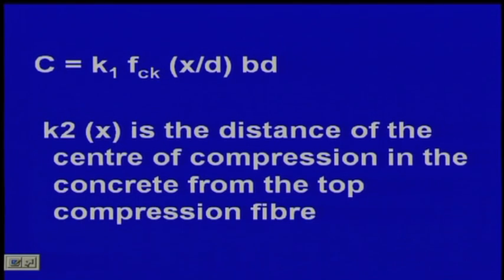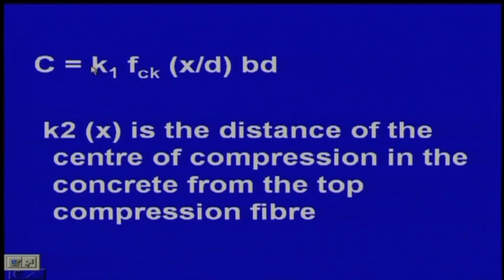We have already derived this equation, C equal to K1 FCK x by D times BD, these two should be suffix. So, K2 times x is the distance of the center of compression in the concrete from the top compression fiber, that I am repeating number of times.